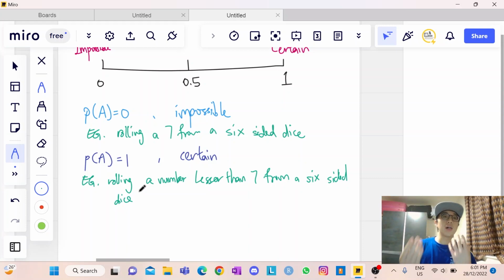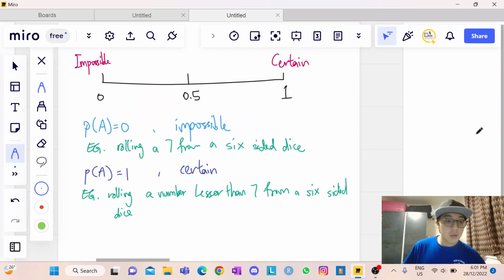So if I tell you to roll a number lesser than 7 from a 6-sided die, you are certain that you will definitely get a number lesser than 7. Therefore, this is when the probability is equal to 1. When the probability is 0.5, this means it is equally likely. So when can you say that the event is equally likely to happen?